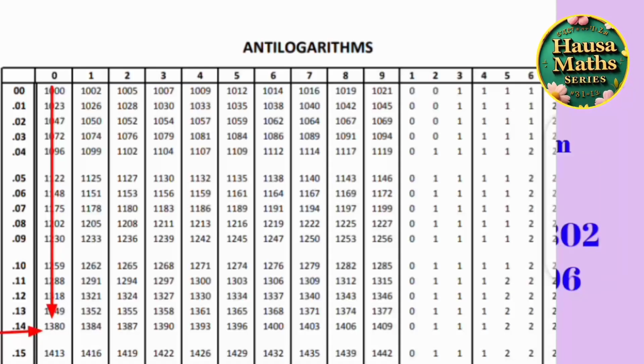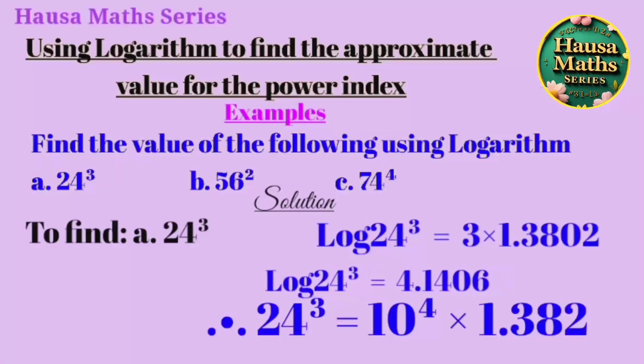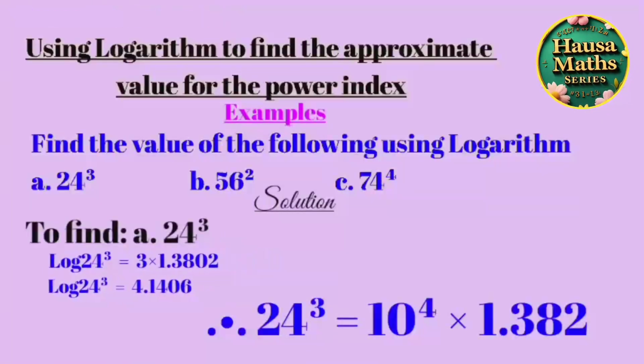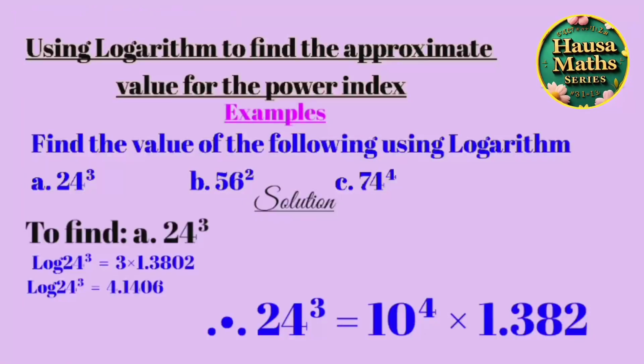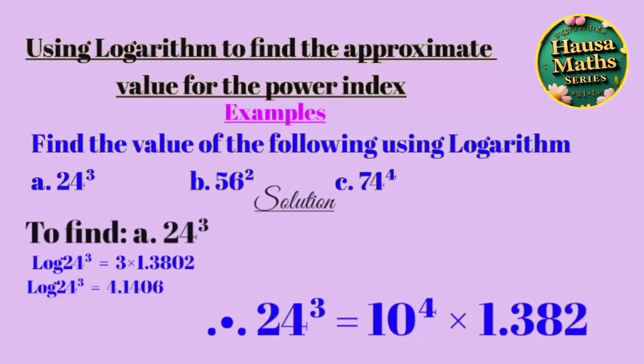If we check 1380 with difference 6, it is 2. So if you add 1380 with 2, it will be 1382. Now we replace the numbers: 24 raised to power 3 is equal to 24 multiplied by 1.382.